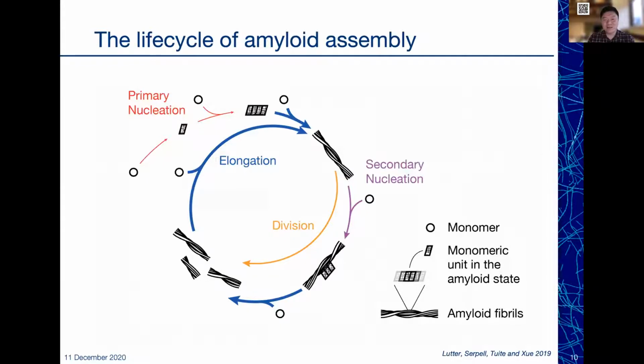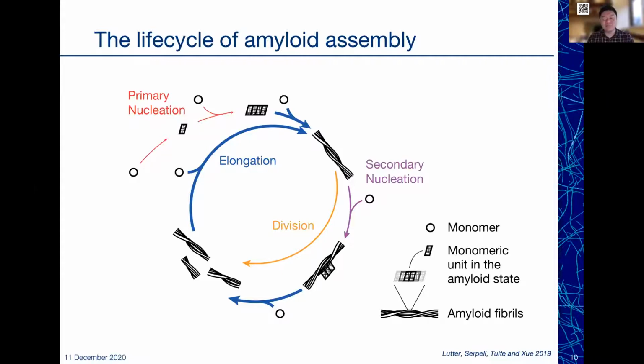Now, if we boil down the key processes in the mechanism, we have four different key processes. The first one is primary nucleation. This is when the monomers initially get transformed into the amyloid state through the nucleation process. Then we have elongation.